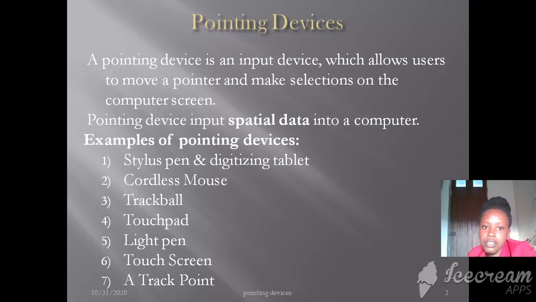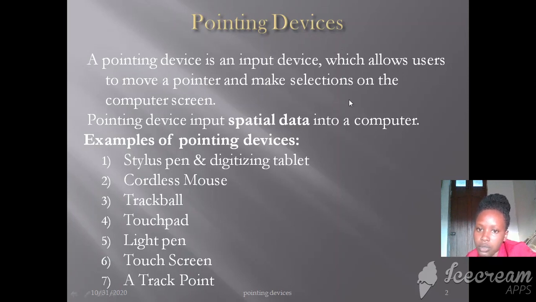A pointing device is an input device which allows users to move a pointer and make a selection on the computer screen. So when we talk of computer pointing devices, we mean that input device which is going to allow you to move your cursor or pointer and make selections of what you want from your computer screen.